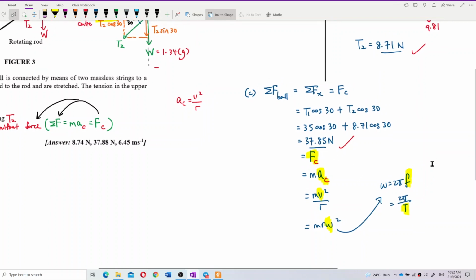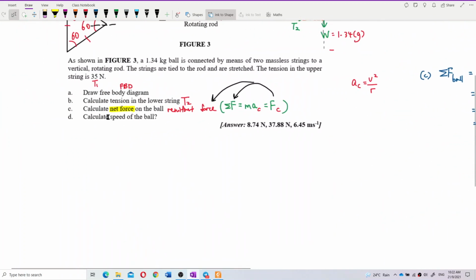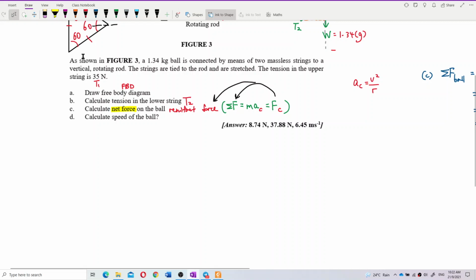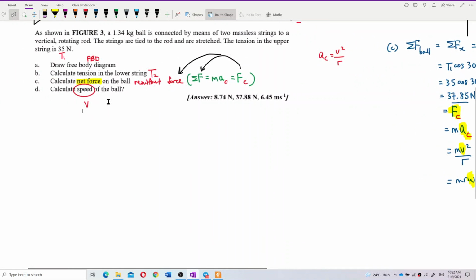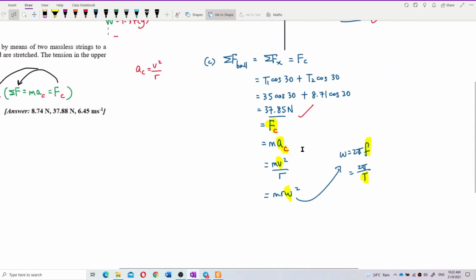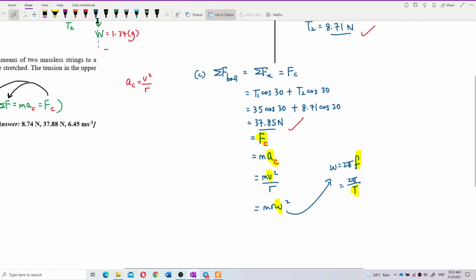Yeah. Okay, let's see, what is the speed? See now the question asks to find the speed, which is the V. Okay, so can we find the V? Of course. Yeah. So let's do it.